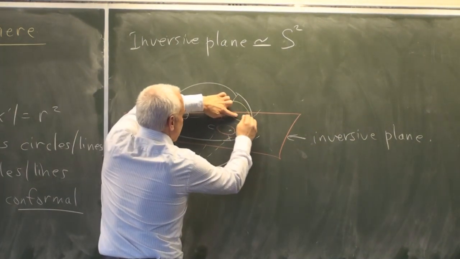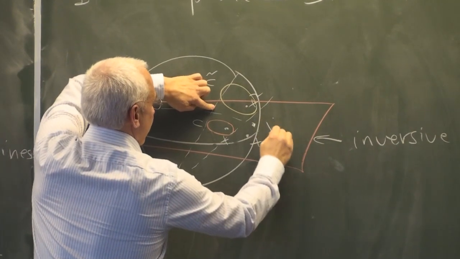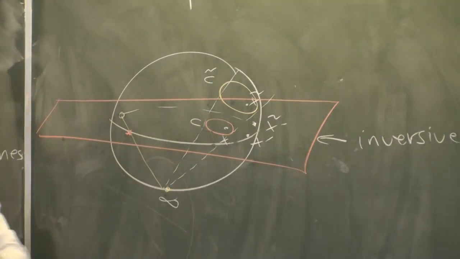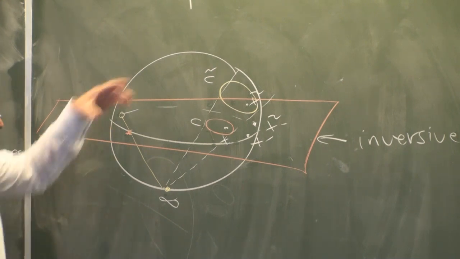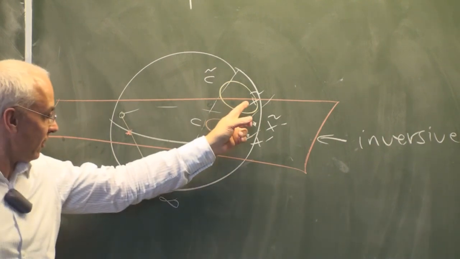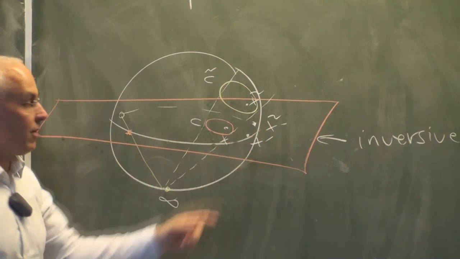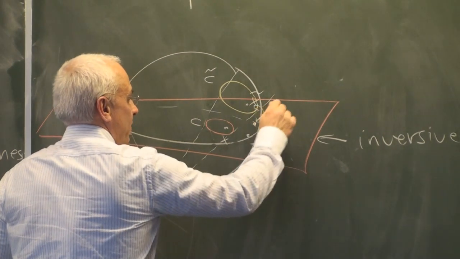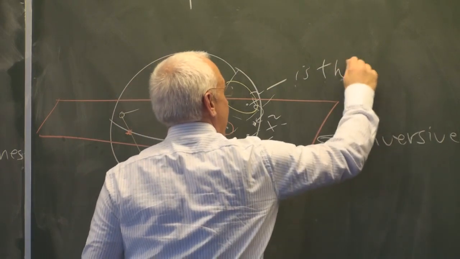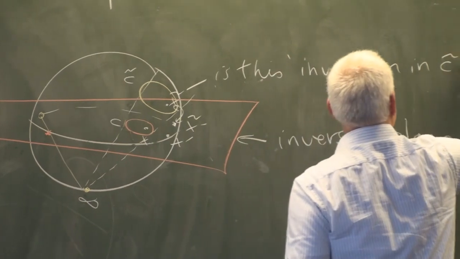X gets sent to, say, point x tilde, and x prime gets sent to some other point on the sphere, say x prime tilde. So a natural question is, is there some idea of inversion in a circle on the sphere that starts with x tilde and sends us to x tilde prime? So, is this inversion in C tilde?